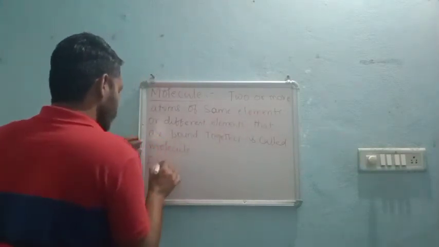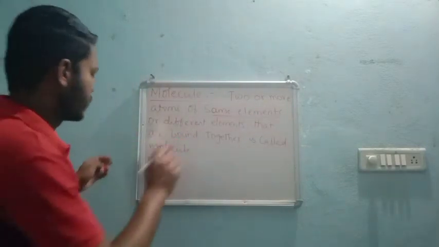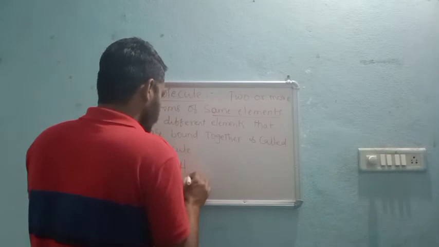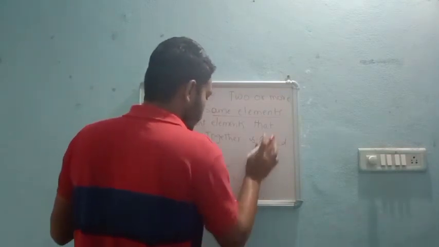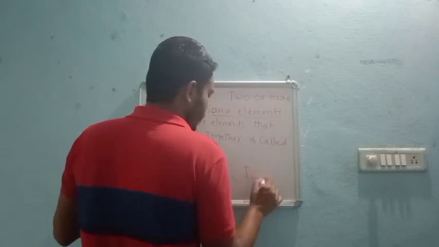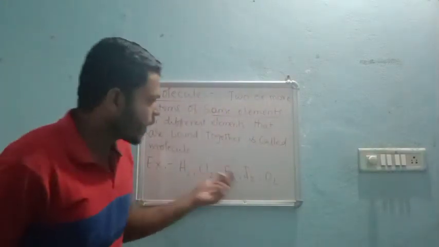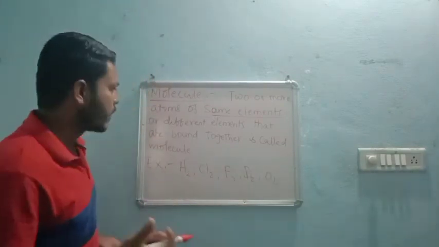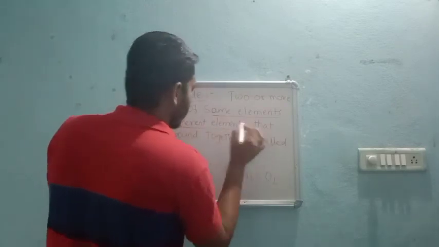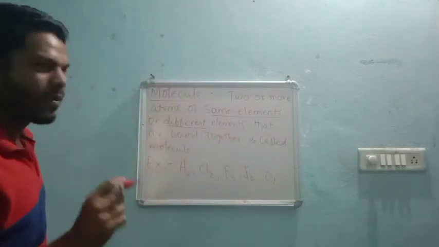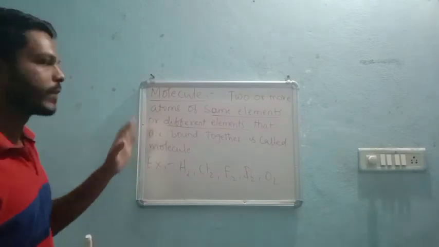Examples for the first one, that is the same elements: H2, Cl2, F2, I2, O2, same element. And if they are different, in that case we have very few examples.